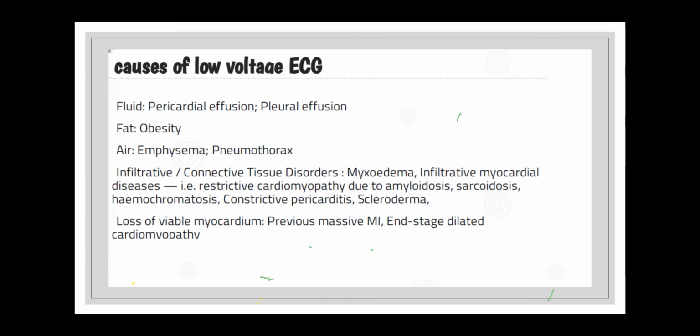For example, in amyloidosis, an abnormal amount of protein accumulates around the heart. Hemochromatosis means abnormal iron accumulation around the heart. Constrictive pericarditis means fibrin around the heart, which makes it unable to relax or stretch.